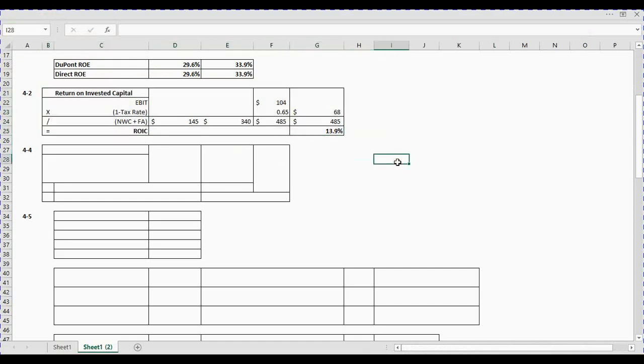Okay, so we're not getting to EBITDA yet, but we do have EBIT, which is earnings before interest and taxes. It is not interest before income taxes. Some people think the IT means income taxes. It does not. It means earnings before interest and taxes.